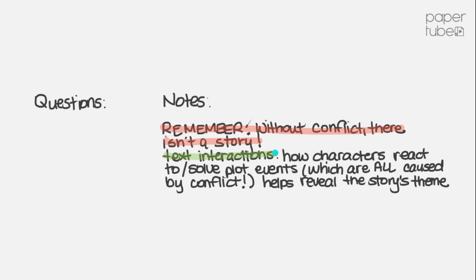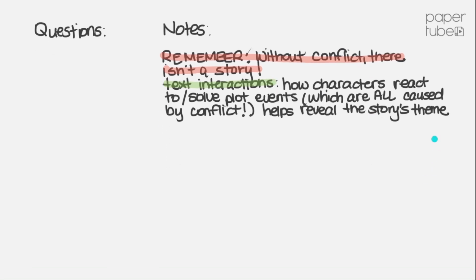The plot moves us to different places in a setting, etc. And the other thing that I need you guys to know is that how the characters react to and solve the plot events helps reveal and helps develop the story's theme. And remember that theme is that underlying message, that life lesson that the author wants us to have thought about while we've read their story.